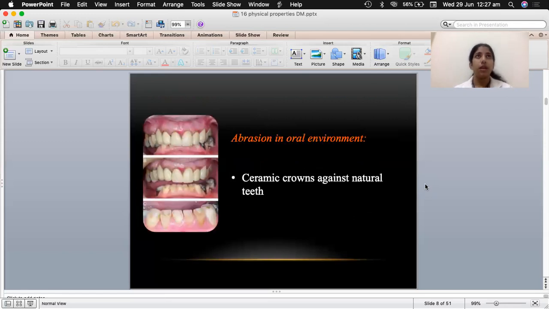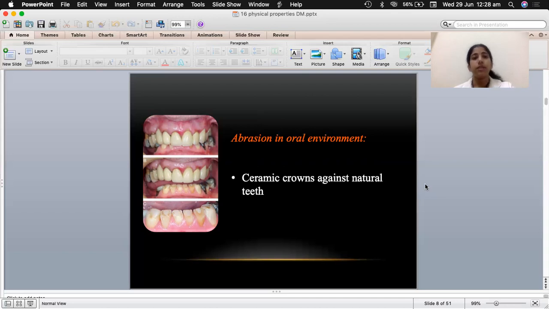So in dentistry, what is the importance of abrasion? Whenever we are giving any restoration, we should be knowing how that restoration will affect the natural tooth which is already there in the patient's mouth. So if you're giving ceramic crowns opposing a natural tooth, that ceramic crown will have a tendency to abrade the natural tooth, that is the opposing tooth.